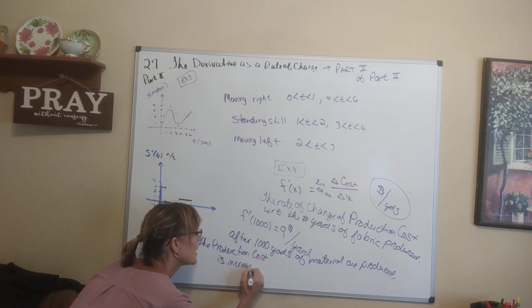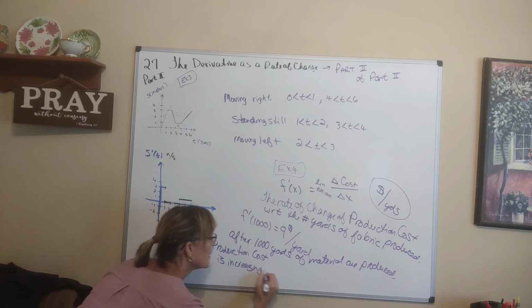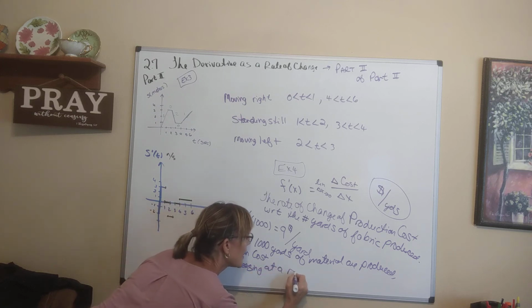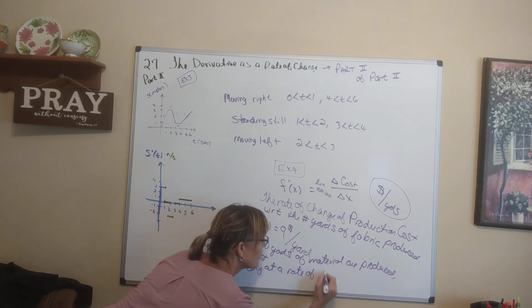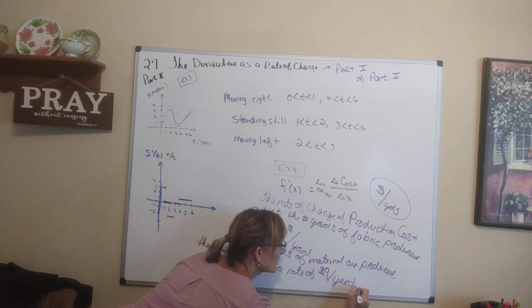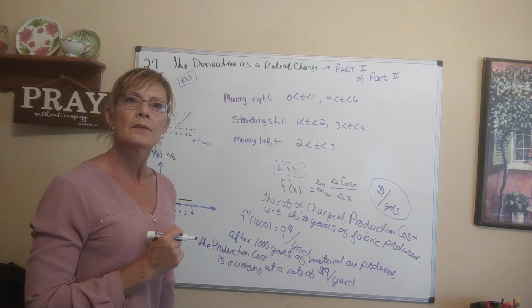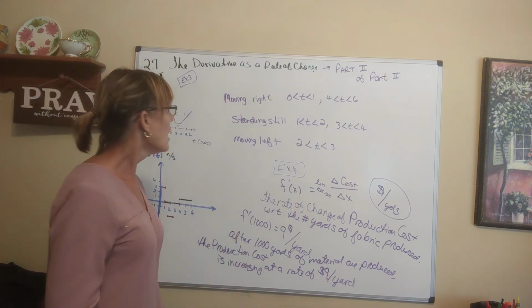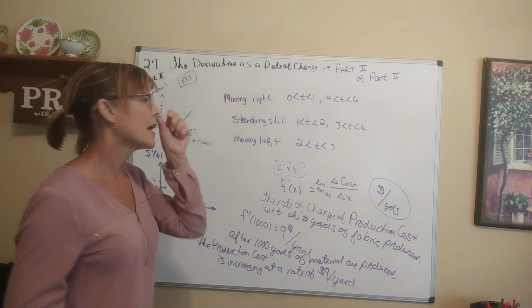I say increasing because it's a positive number, at a rate of $9 per yard. That's what that means in practical terms. Okay, that is the derivative as a rate of change.